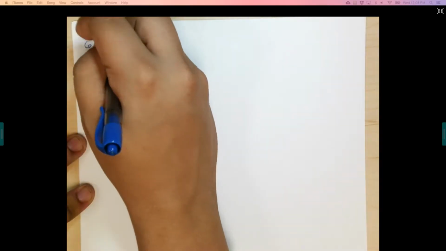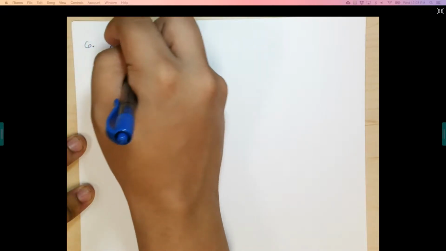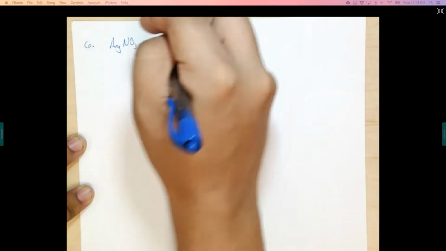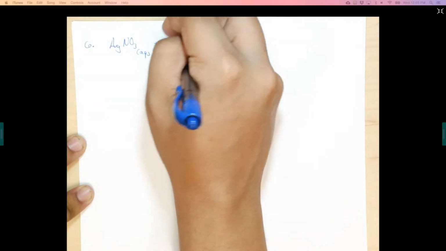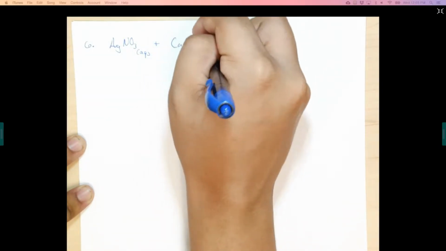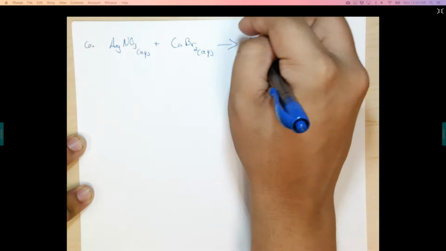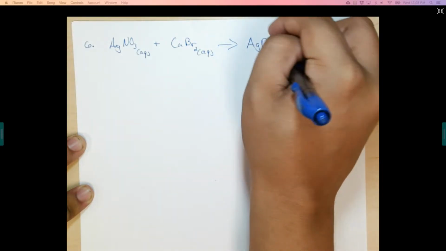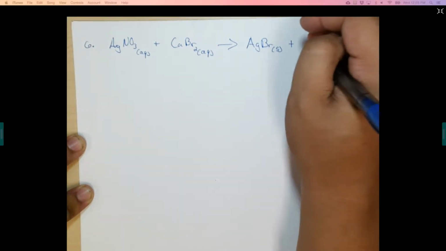They're essentially giving us that it is a double replacement reaction. Silver nitrate is aqueous plus calcium bromide, also aqueous, creates silver bromide, which is a solid based on our solubility rules, plus calcium nitrate.